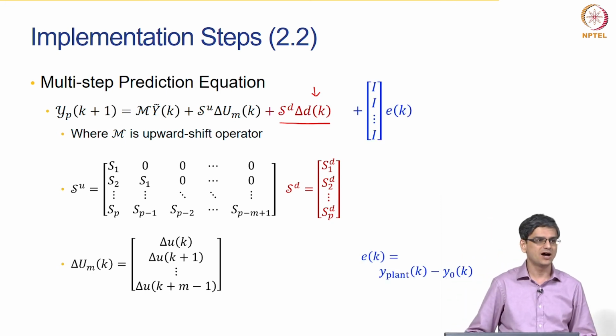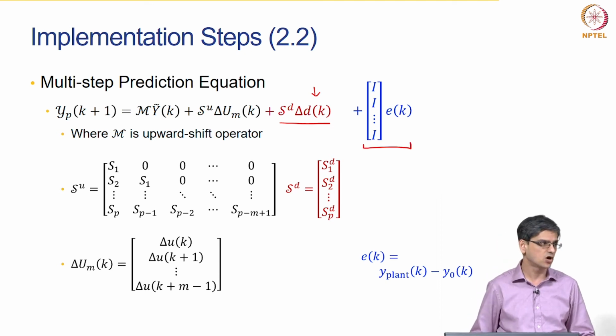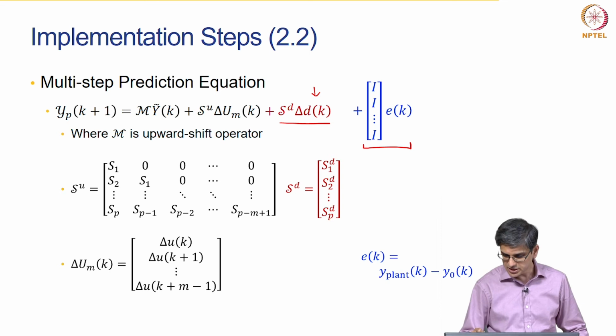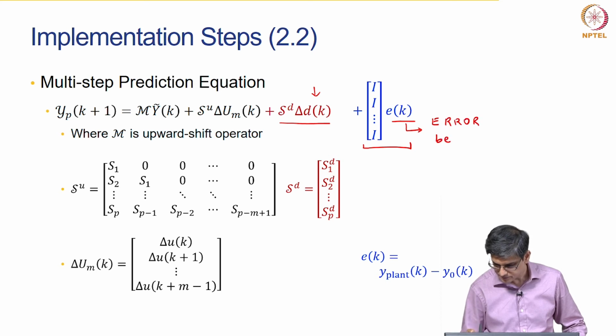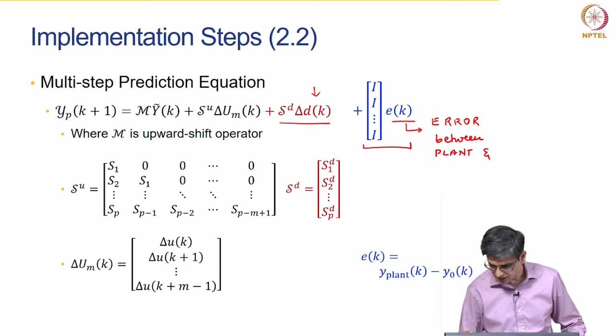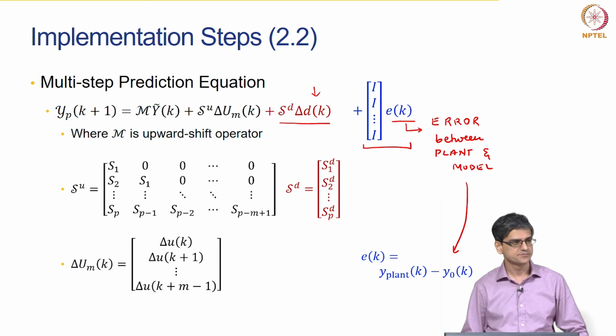And then you have the effect of model plant mismatch or modeling errors or unmeasured disturbances. E is the error between plant and model, okay, which is given by this.